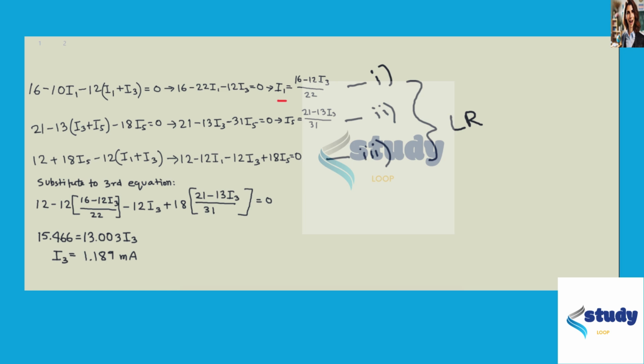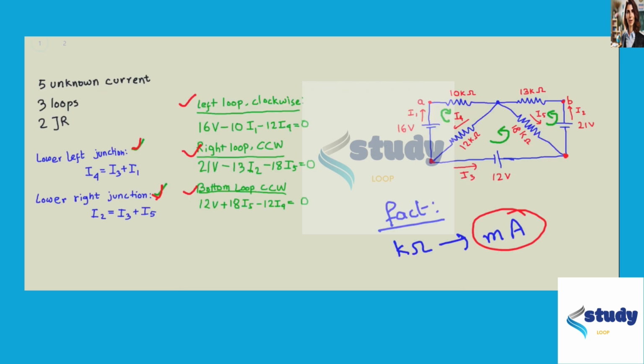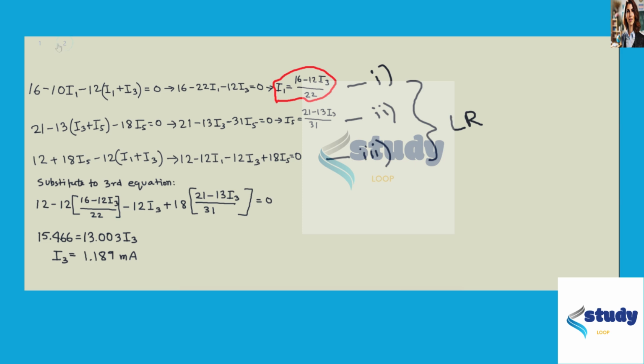And similarly, what we did here is, for the second equation, we plugged in the expression for I2 here, which is I3 plus I5, and did a little algebraic solving, and we got I5 in terms of I3.